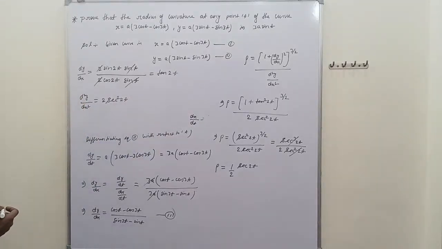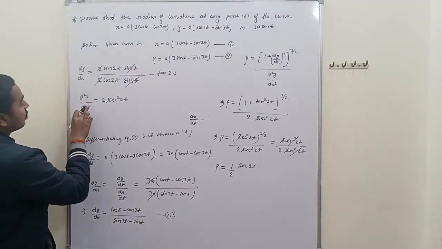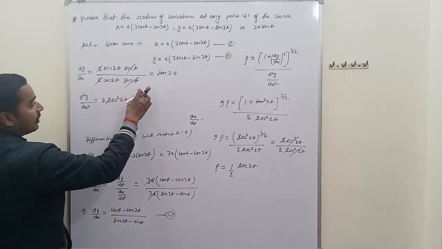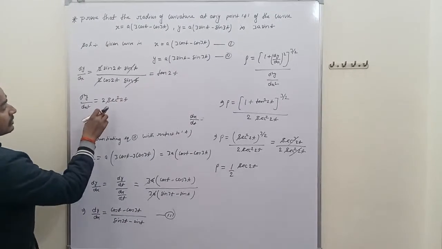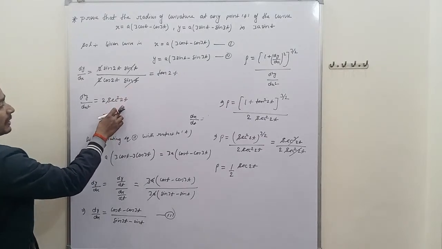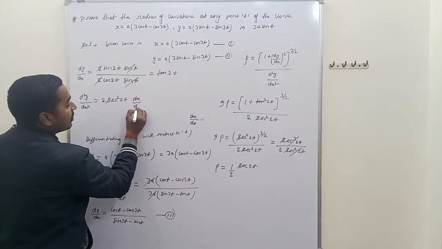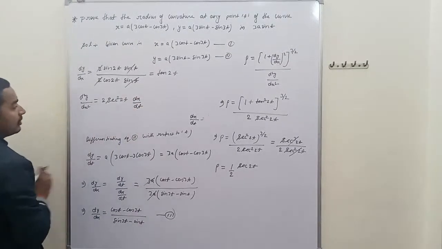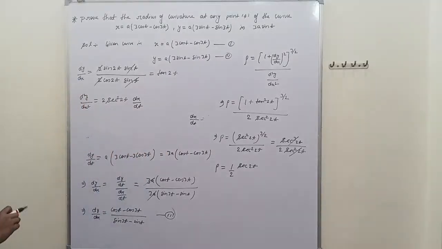One second, there is some mistake here. When we have to find d2y upon dx2, here tan 2t differentiating with respect to t gives sec square 2t, and again 2t differentiating with respect to t gives 2, and we have to multiply by dt upon dx.